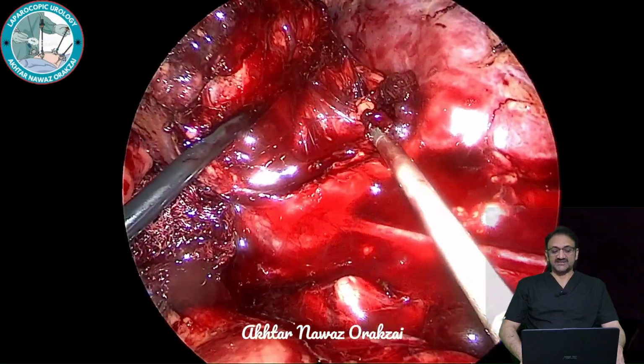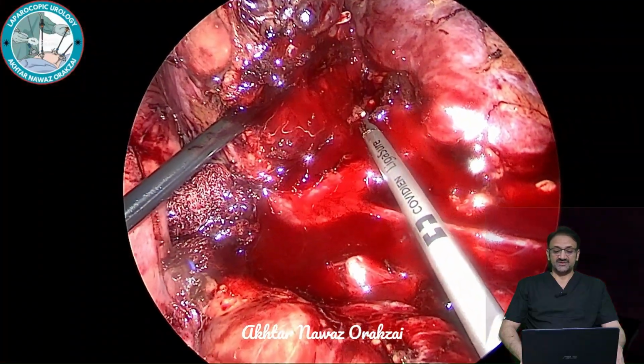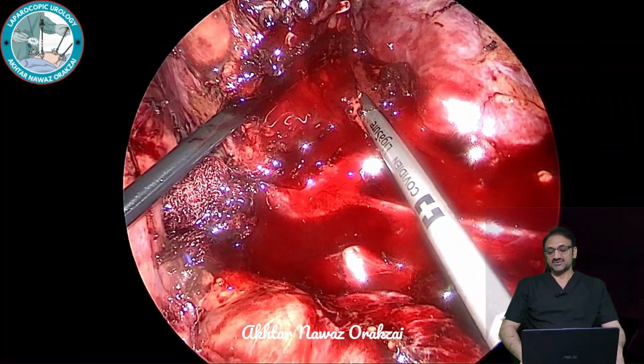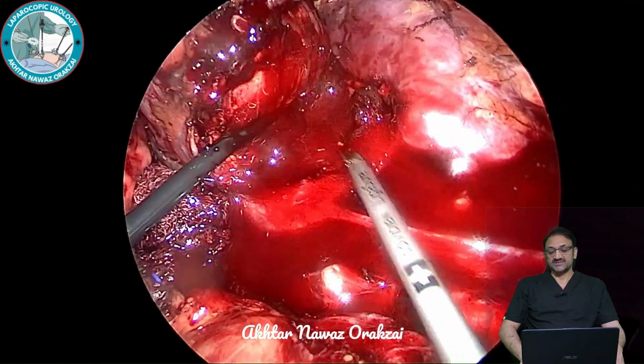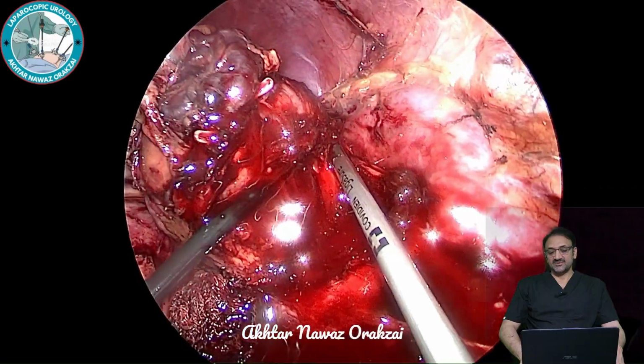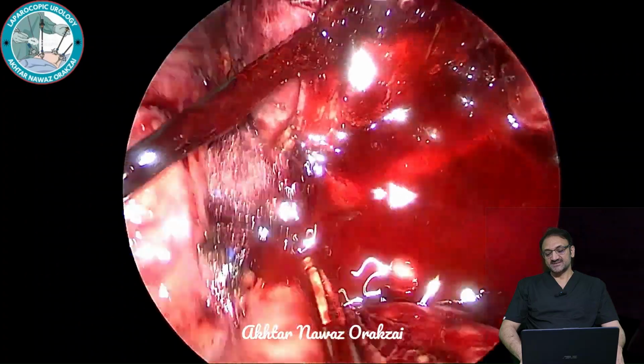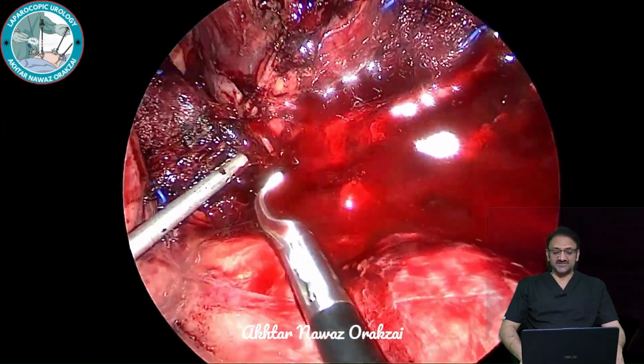So at the cost of this small ooze, I'm trying to save the main renal artery. And when I'm sure that we are in a space away from the main renal hilum, then I'm using the ligation. But here, after dissecting this, we have found that there is another artery.